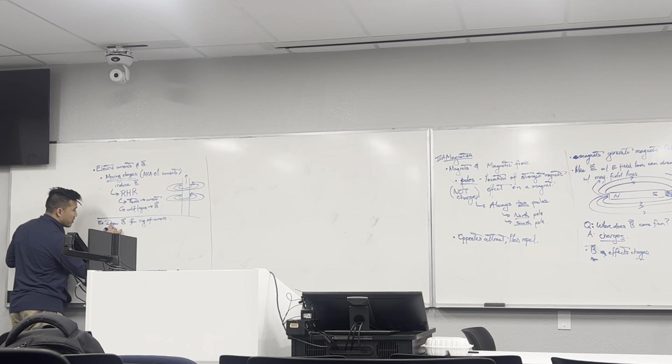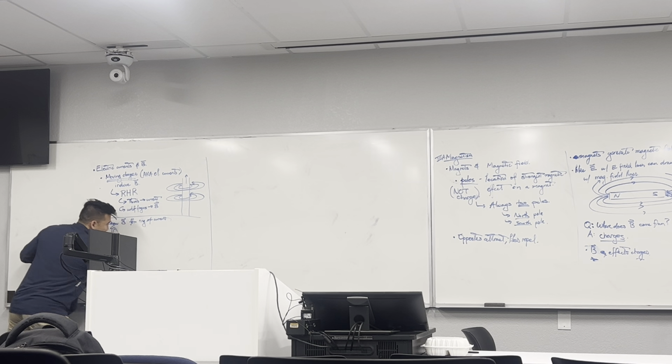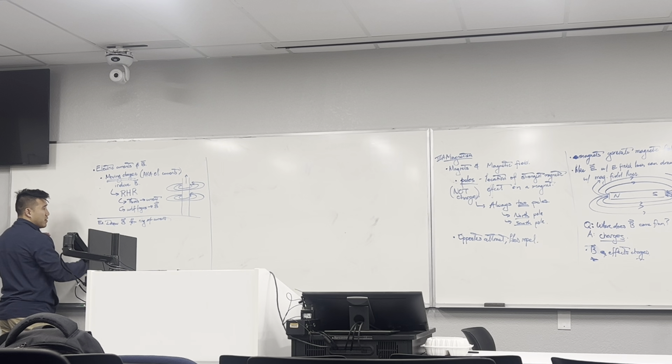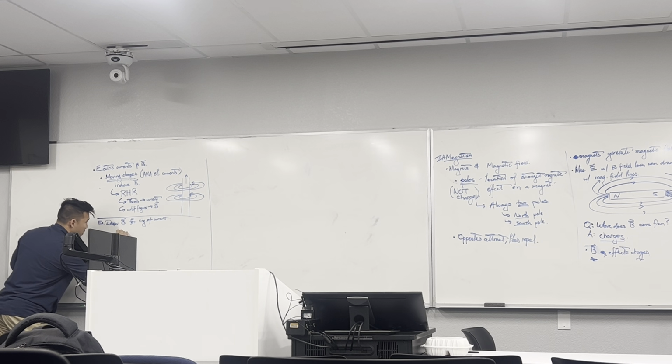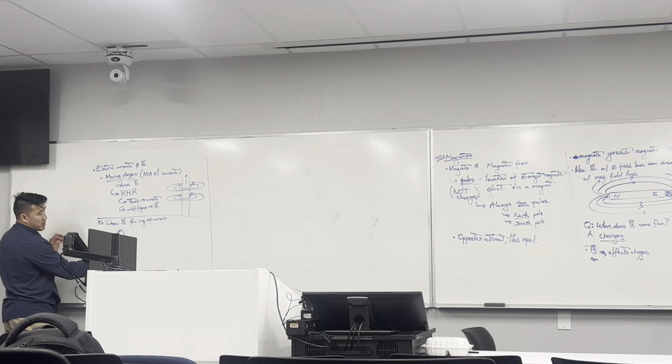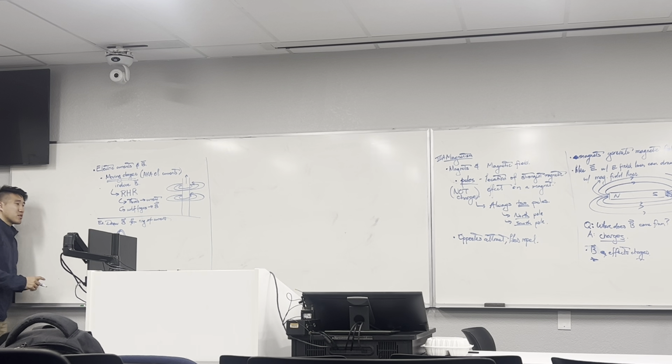And the current is going this direction. I need to draw it a little bit lower. So the current is going that direction. This is the front, and this is the back. So the ring is coming out, and then also going into the page.